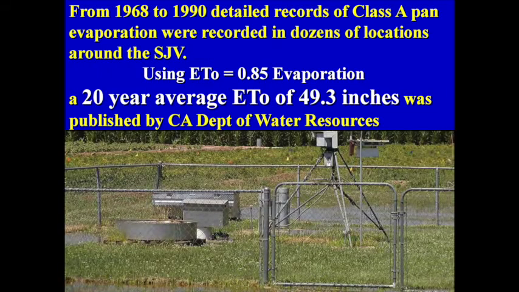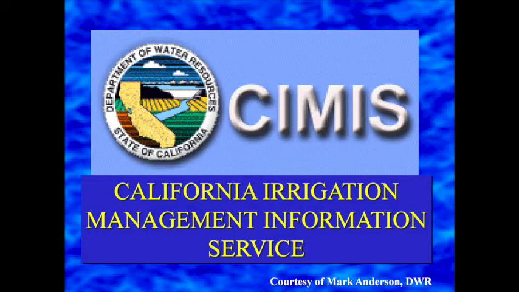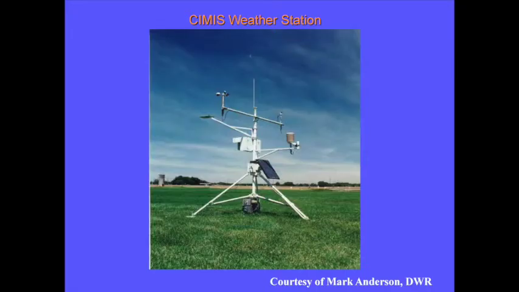The CIMIS 20-year average back in 1993 was 49 inches of ET for the San Joaquin Valley for a normal year. Now we've got more data, so we have these automated weather stations measuring humidity, solar radiation, and using what we call a Penman-Monteith calculation with this grass reference to calculate the ET.